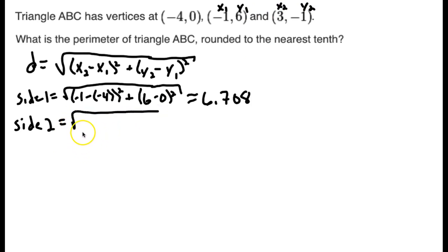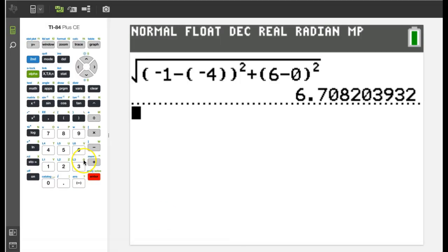So x2 minus x1 is 3 minus negative 1 squared plus y2 minus y1 squared.